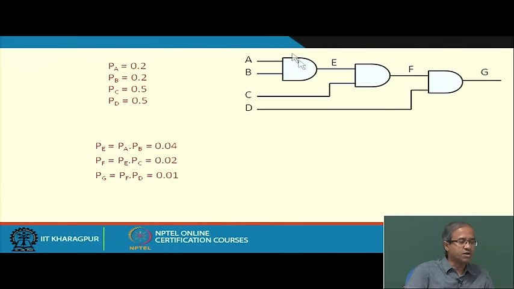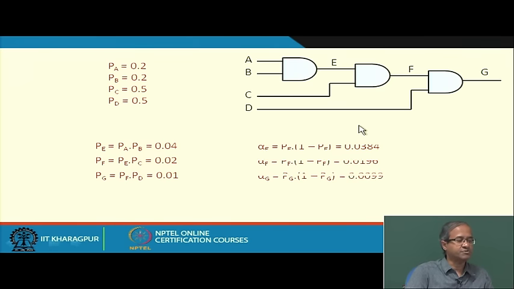Now, let us calculate the alpha i values, the signal activity values. Alpha by definition is defined as P multiplied by 1 minus P. So, on this line E, alpha will be P into 1 minus P, P is already calculated. If you just substitute, it will be this.